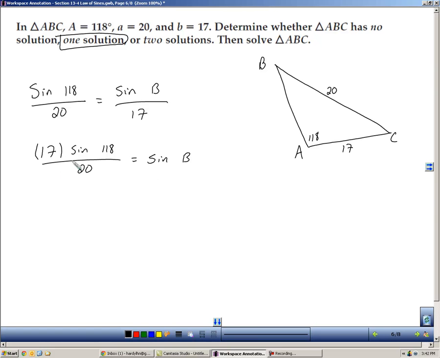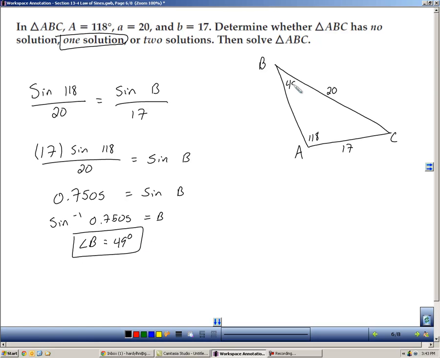I'm going to plug this value into my calculator, which is about 0.7505, and that equals the sine of B. Remember, to get rid of sine, you're going to take inverse sine. So this is really the inverse sine of 0.7505, and that's what angle B is going to equal. And if I round, I get about 49 degrees for angle B. So fill that in.